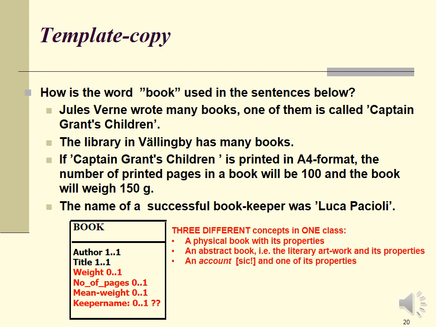Mean weight perhaps they could have. If you count all the printed books of Captain Grant's children, then they may have a mean weight if you combine all the weights and divide them by the number of printed books. And keeper name has nothing to do with books in general. Here, book is just a synonym for account.